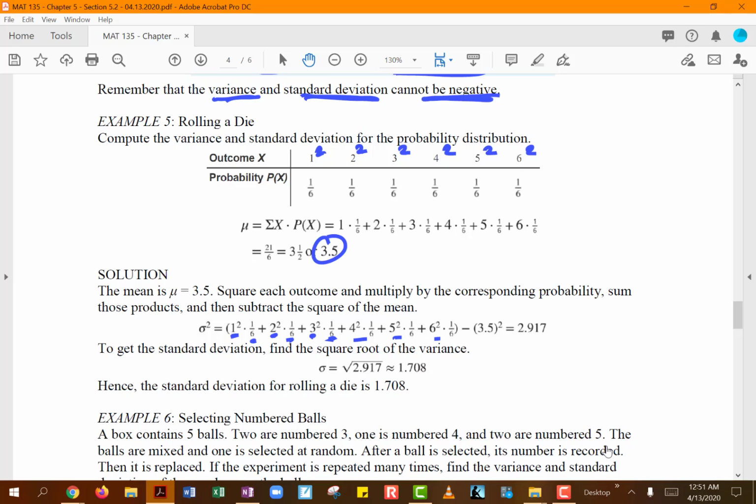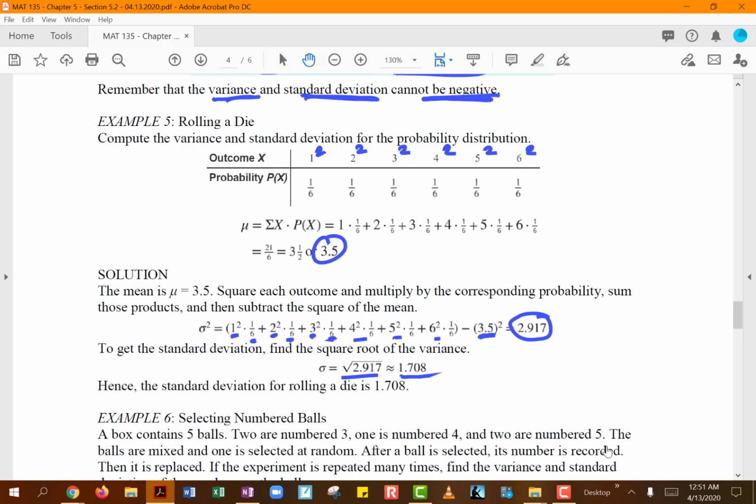Then from that total, we are subtracting our mu squared, our mean squared, which is 3.5 squared. That gives you a variance of 2.917. When you take the square root of 2.917, you're getting your approximate standard deviation.